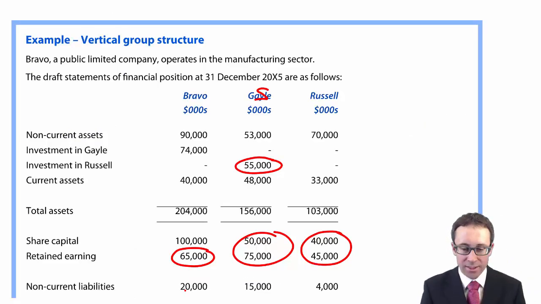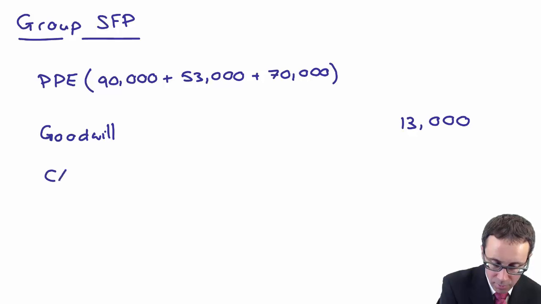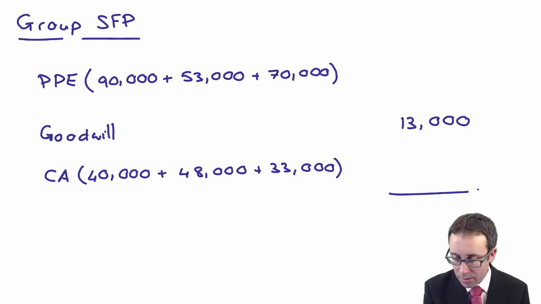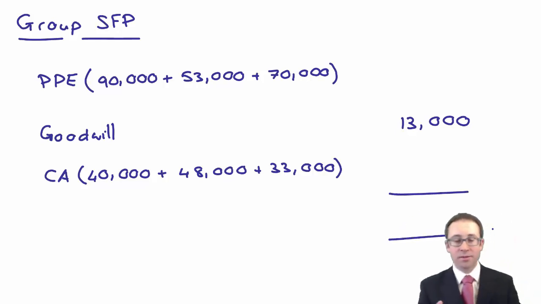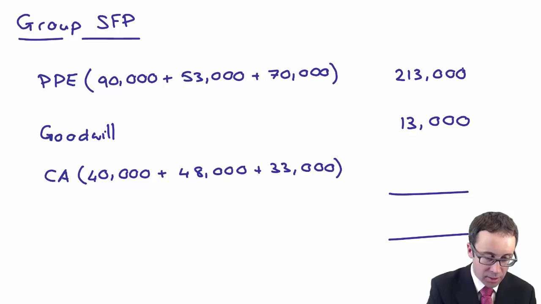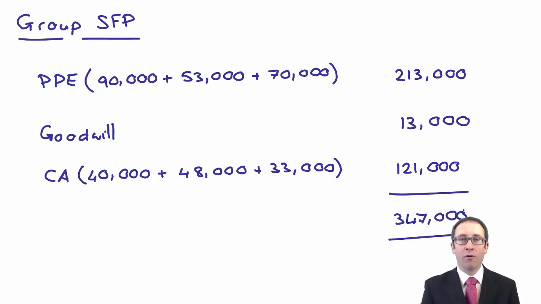We've got our current assets of 40, 48 and 33. 40,000 plus 48,000 plus 33,000. Okay, and then we can total all of that up. I got my calculator. 90 plus 53 plus 70 gives me 213,000. 40 plus 48 plus 33 gives me 121,000. Gives me 347,000 on my group SFP for the assets at the top.